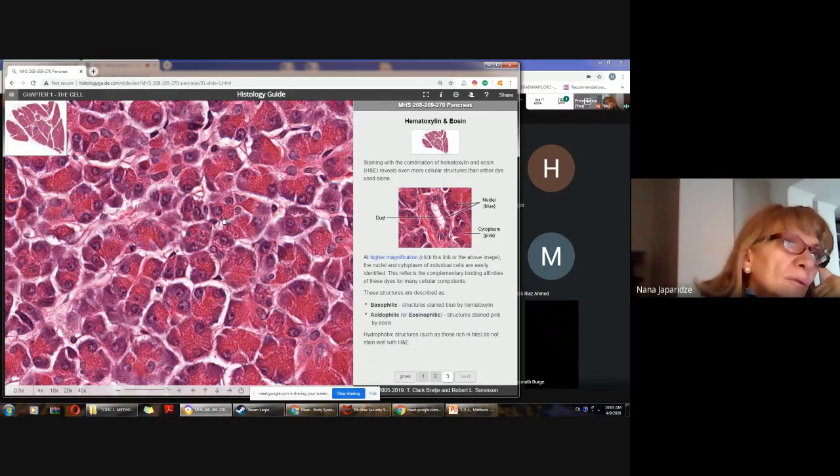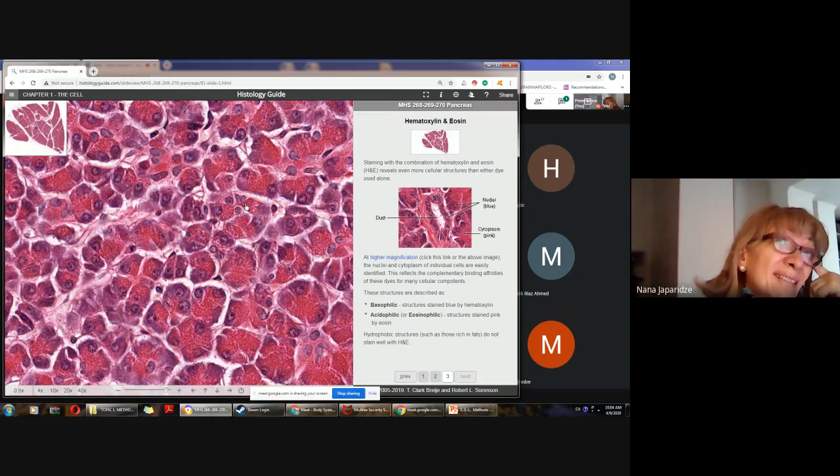Or the nucleus might be stained so dark that the nucleolus is not clearly identifiable. This usually happens with nuclei which are less active.